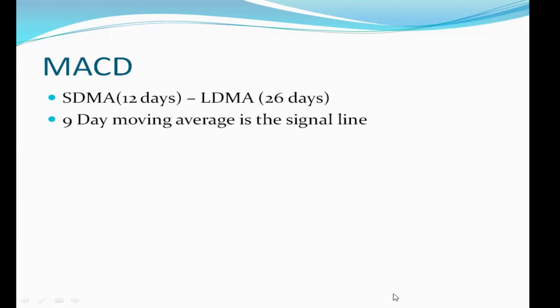We have Bollinger Bands as well. Now the Bollinger Band is very much dependent on the volatility of the stock. What we do is we calculate the standard deviation of the prices, and the standard deviation is 20-day.